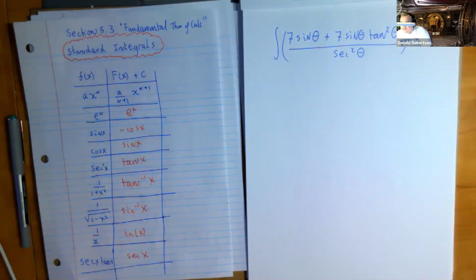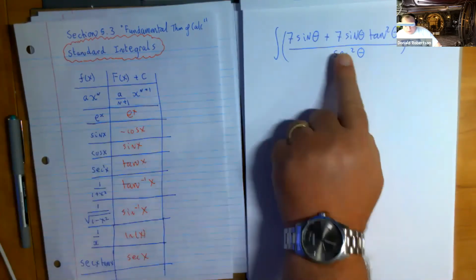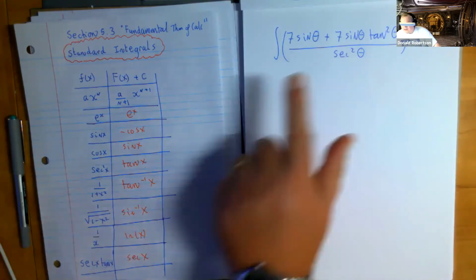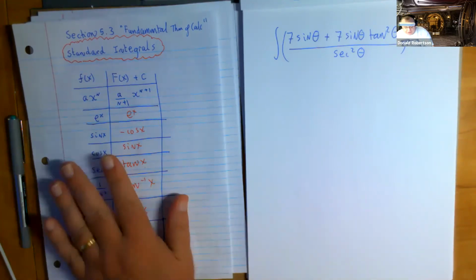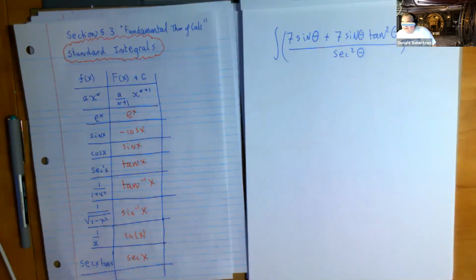Agreed? Any suggestions for what we might do to make it look pretty before we even try and do antiderivatives? Because looking at that, there's no way anything over here can be used on this, right? It doesn't even look vaguely like any of these. So we know we're way too early to start using this table. Any suggestions about fixing this, factoring it, whatever, to make it better?